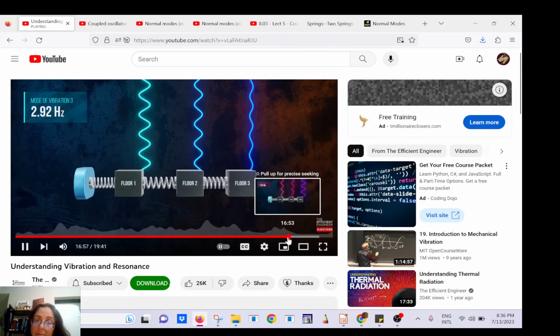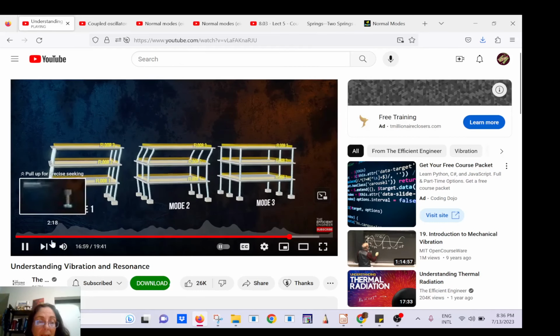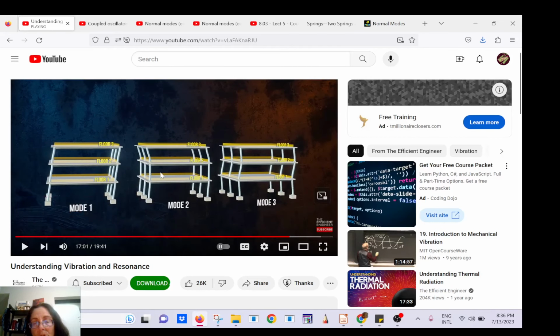For the 3-story building, the 3 modes of vibration will look like this. So, okay, that was the point of this video here. Very interesting video, because you see how we apply physics here, right? So you see a building will have 3 modes of vibration, and any shaking, when it's being shaken, maybe by an airplane passing by or a hurricane, for example, it will shake in a way that it's a superposition of the 3 of them.